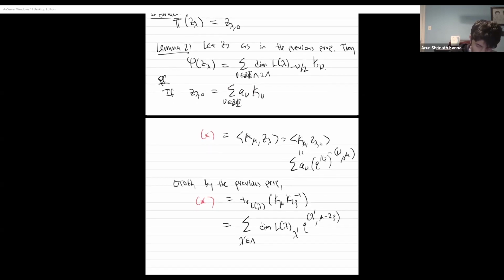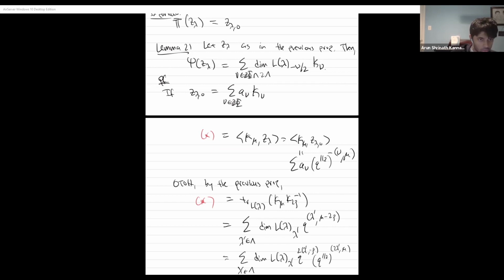So then if we want to put it in this form so that we can see what these a nus are, this is the same thing as the sum over lambda prime in the weight lattice of dim L of lambda prime q to the 2 lambda prime minus rho times q to the half 2 lambda prime paired with mu.